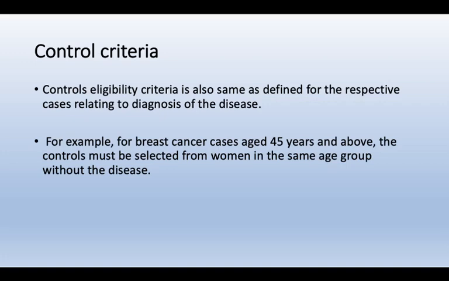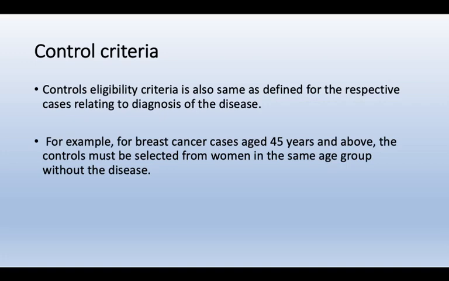For example, if we are working on breast cancer, the woman's age should be matched, but women who are free from breast cancer are ideal to be enrolled in this study. Else, we can use individuals who are not suffering from breast cancer but may be suffering from certain other ailments.